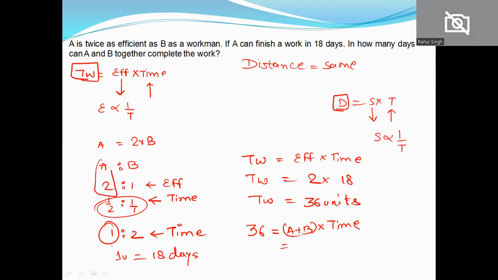A is putting 2 units of work and B is putting 1 unit of work. So together they are doing 3 units of work. So time will be 12 days. 12 days are required to finish if A and B both work together.